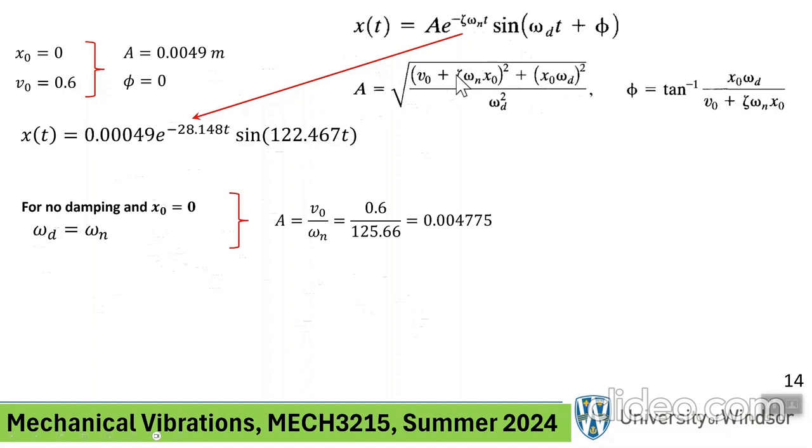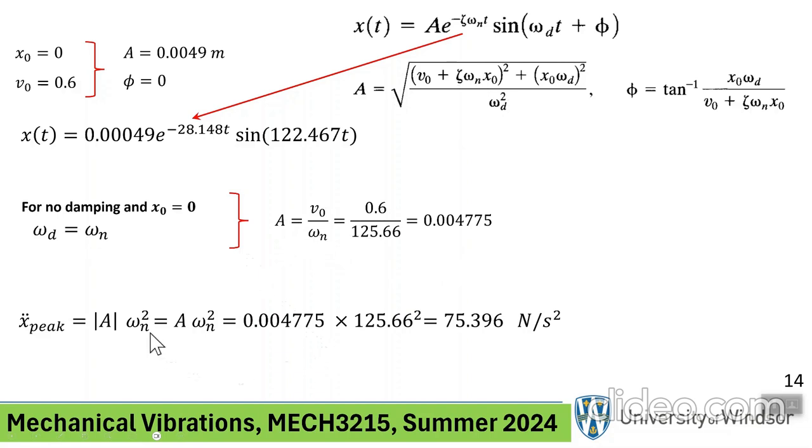Zeta is 0. And if your initial condition x naught is 0, this is not there. So basically, we have v naught squared over omega n squared, because omega d and omega n are the same. So we have the square root of v naught squared over omega n squared, right there. And you get like so. Okay. So there we are.